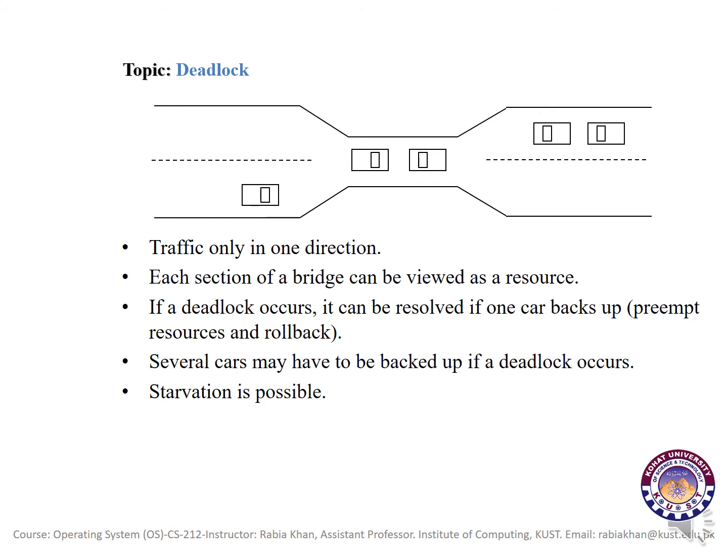These resources are being used by the cars to reach their respective destinations. Now, as you can see, the roads are two-way, but the bridge in center is one-way. Traffic on both sides of the road have already acquired their side of road, but want the bridge to be given to them as well.